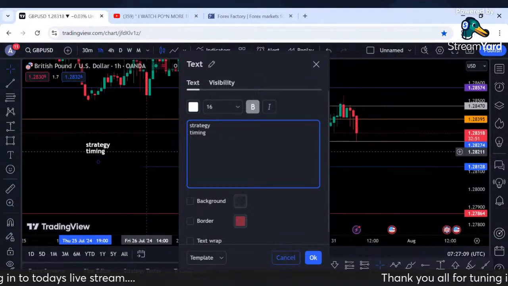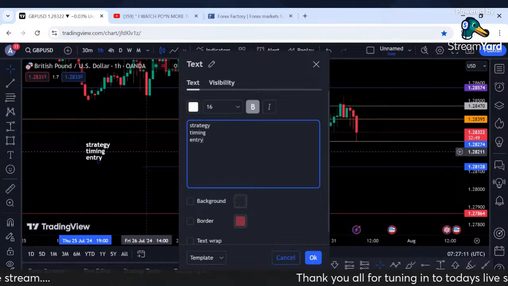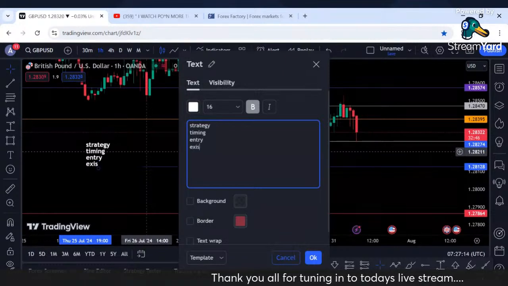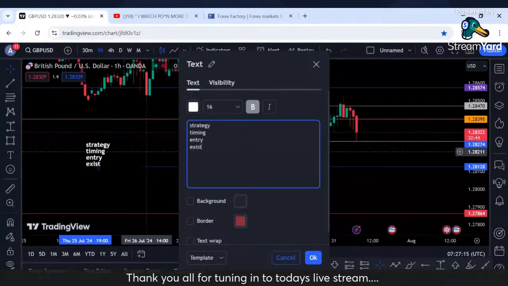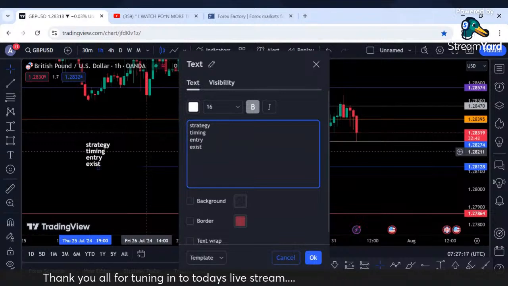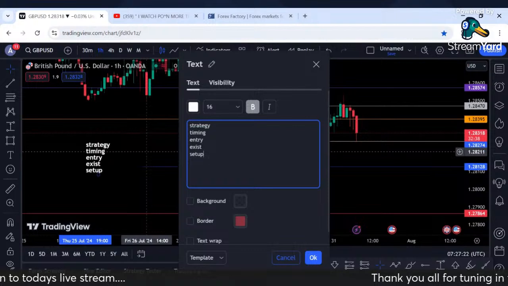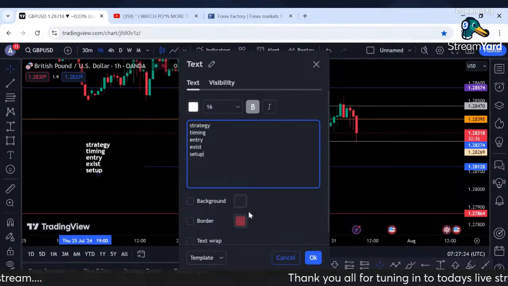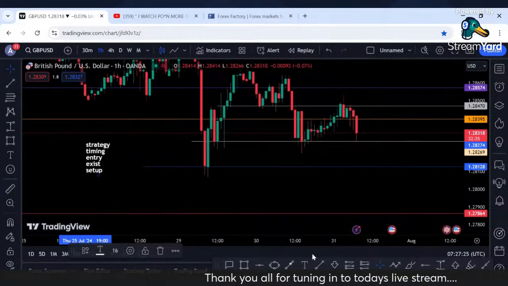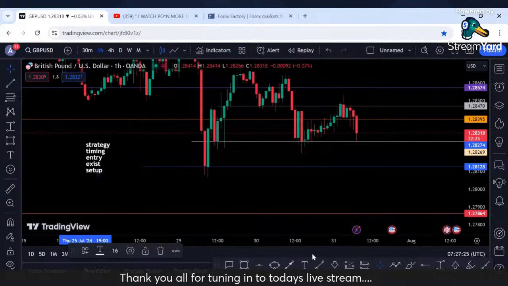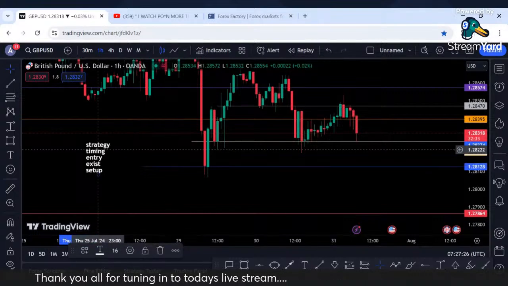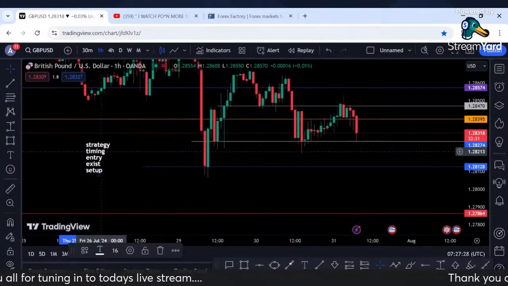Your entry and your exit, how you enter the market and how you exit the market, and your setups. So with your strategy, what time do you trade the market?